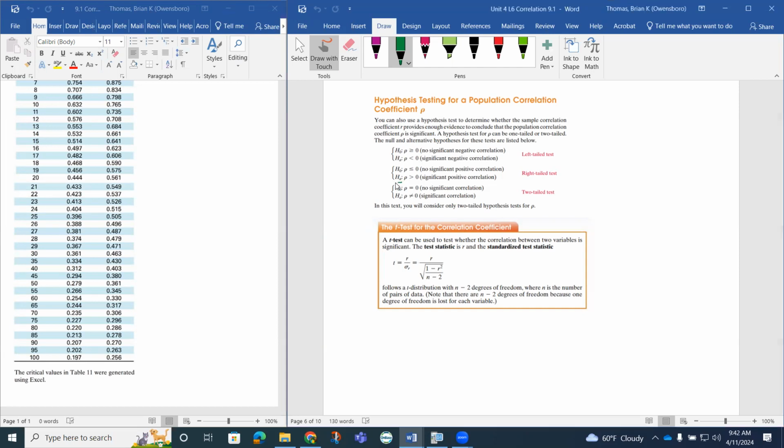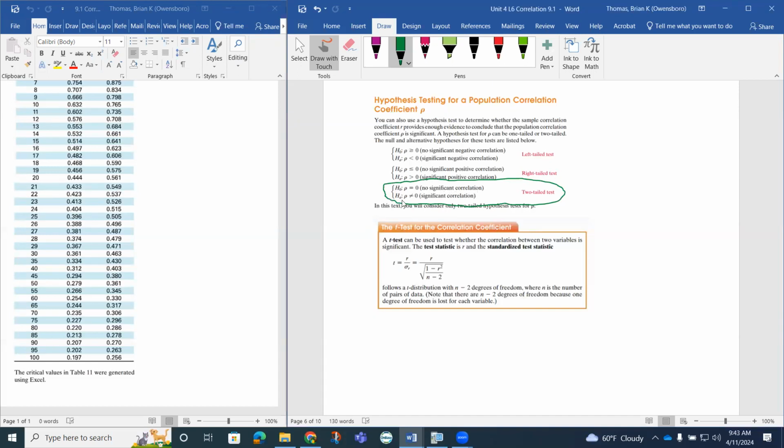For us, when we do this here, we're going to be doing what's called a two-tailed test. So basically, it's a yes or no kind of concept. Is the population correlation coefficient significant or not? Yes or no. So again, our equality is going to be the null hypothesis, which means in this case, no significant correlation.